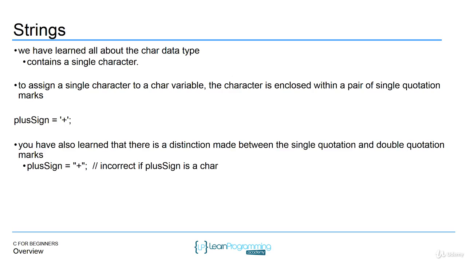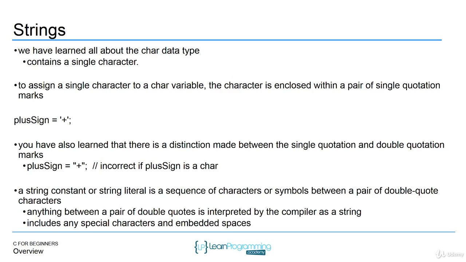You've also learned that there is a distinction made between single quotes and double quotes. So if you assign the plus sign variable something in double quotes, and plus sign is of type char, that's not going to work because you can only assign single characters to the char data type. A string constant or a string literal is a sequence of characters or symbols between a pair of double quotes.